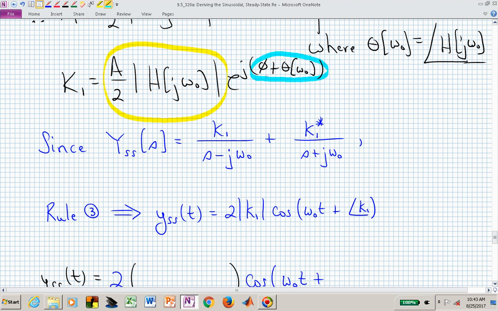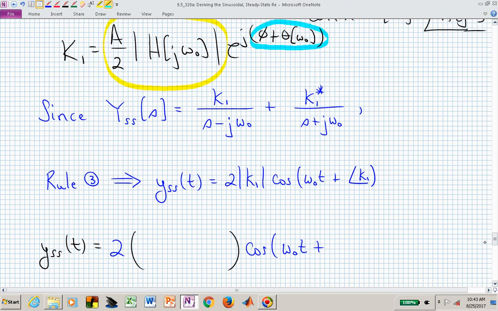is this. So now let's replace that with these particular factored forms of K1. K1 is a complex number. We replace that in this expression for y steady state. We have 2 times the magnitude of K1. Well, K1 had a magnitude of A over 2, magnitude of H of j omega naught. Then cosine omega naught t plus the angle of K1, but the angle of K1 is phi plus theta of omega naught.